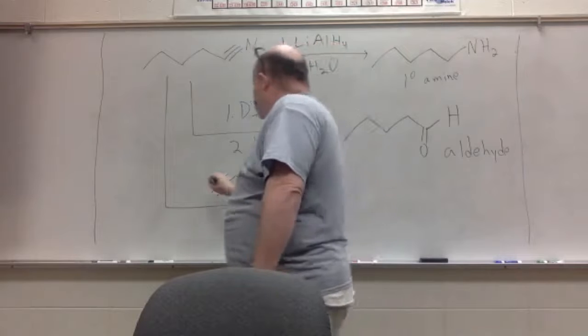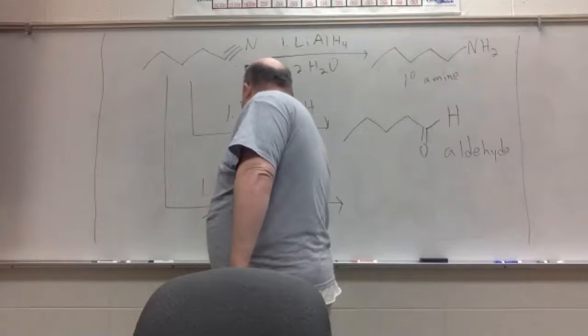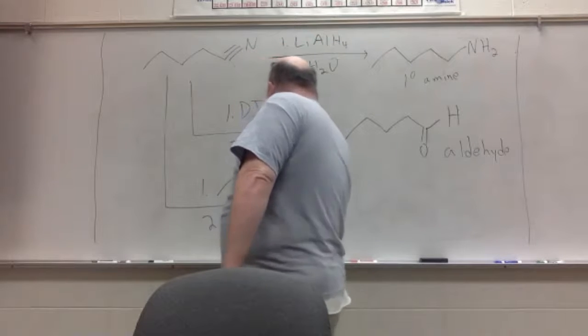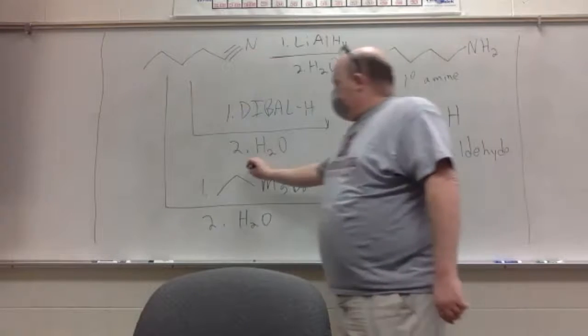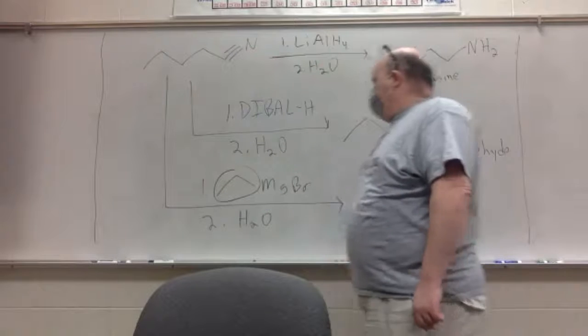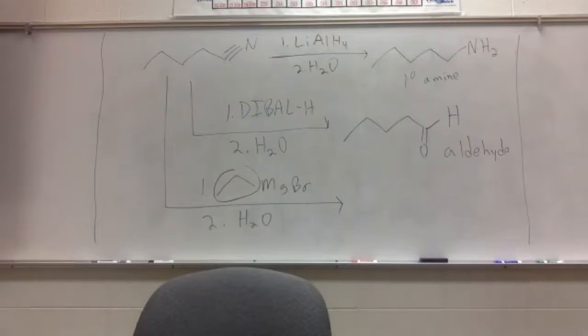So we use the Grignard reagent. All right, same setup. You got your organometallic. What this is going to do, this is going to serve as a source of an R group.